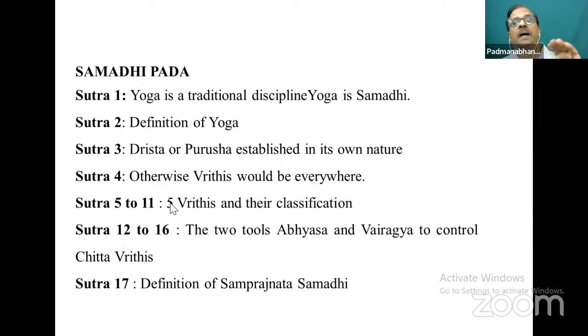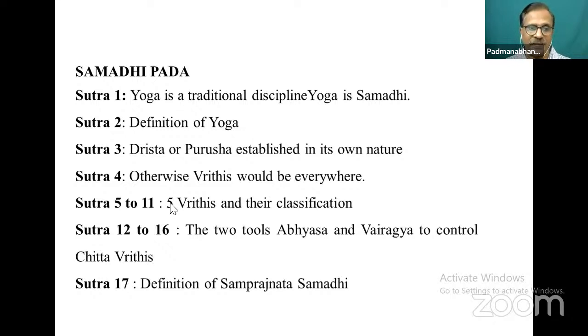One is Apara Vairagya, not severe, and the second one is Para Vairagya, which is very severe, with no intention for material pleasure. Para Vairagya goes to the sannyasis, and Apara Vairagya for people like us, the householders. I hope everybody is understanding. Yes. Then this is Sutra 12 to 16.